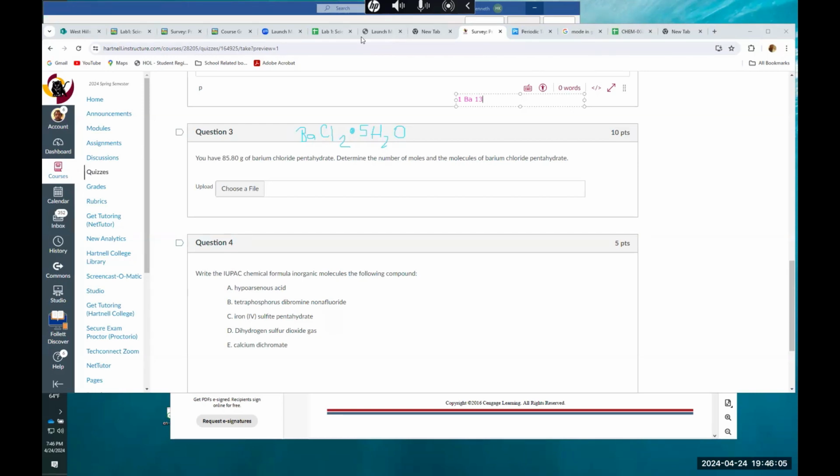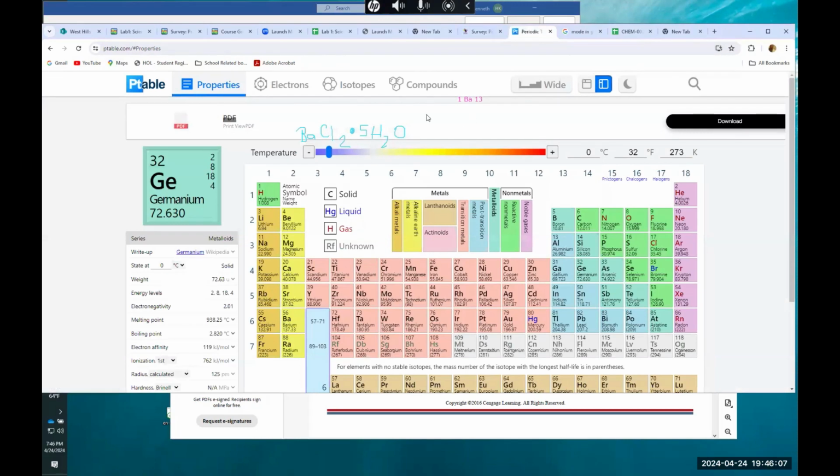And how much does barium weigh? Pull up our periodic table. 137.33. And there's only 1 of them, so times 1. How many chlorides? 2 chlorides, and 35.45 times 2 is going to equal 70.9.